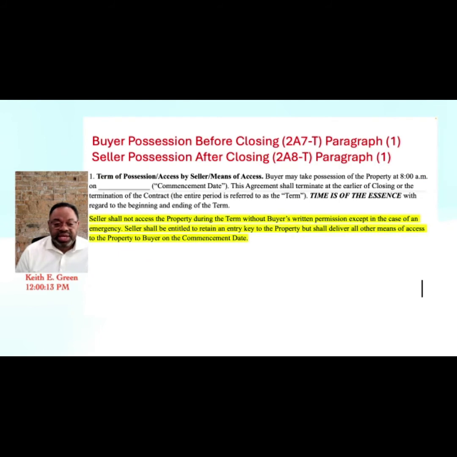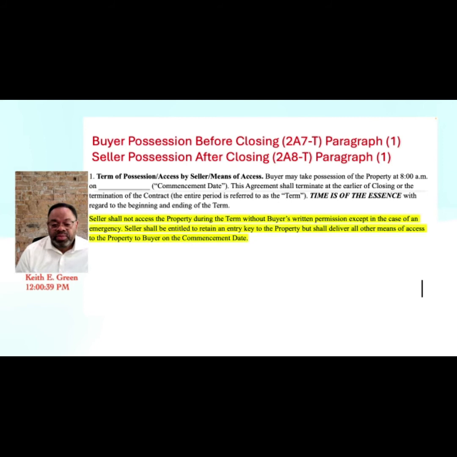Again, here's another section for the seller possession after closing and the buyer possession before closing. It simply says that you must give the seller the right to enter the property for an emergency if that happens.